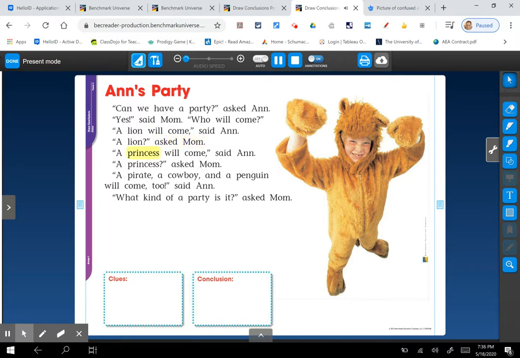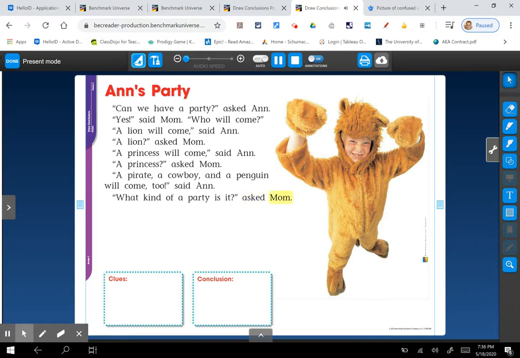A princess will come, said Anne. A princess? Asked Mom. A pirate, a cowboy, and a penguin will come too, said Anne. What kind of a party is it?